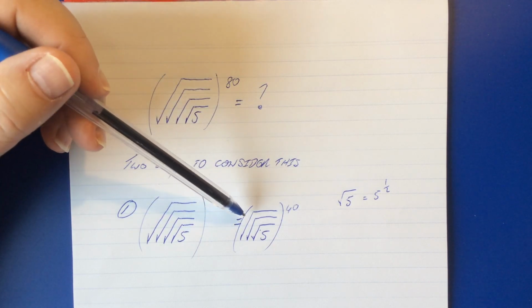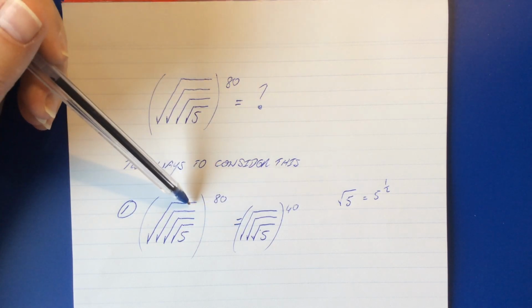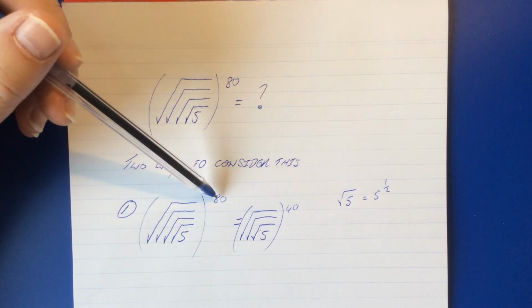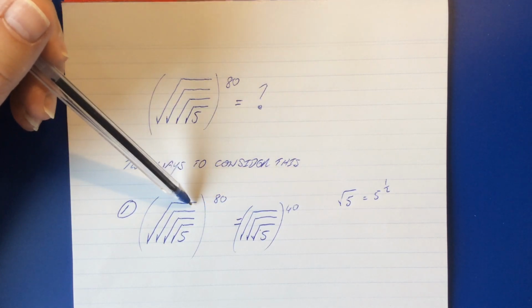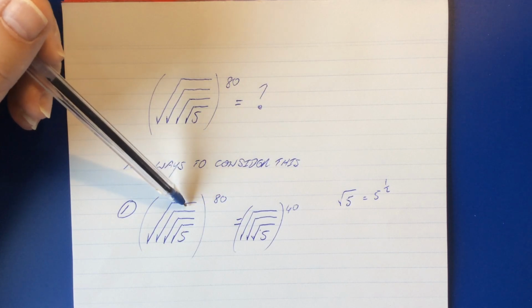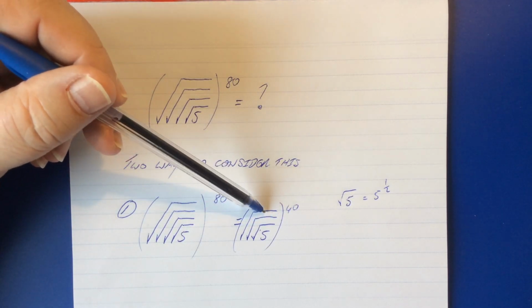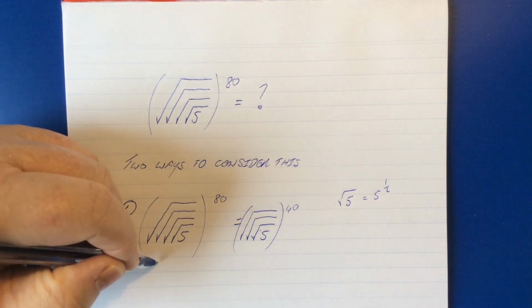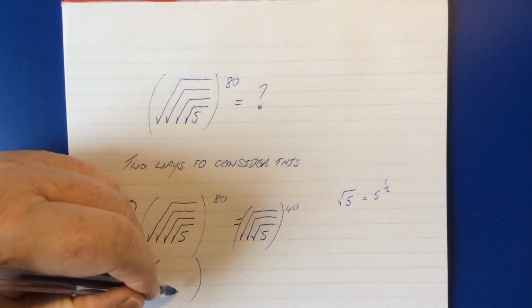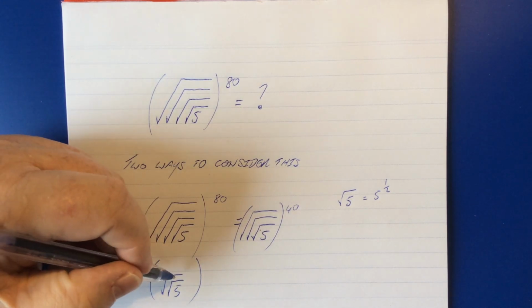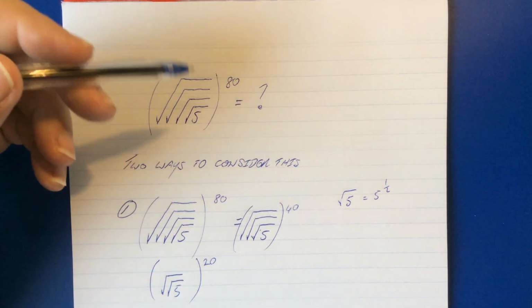And so what we can do is work our way slowly through this, going 80 times the power of a half, well, that will be 40, and then 40 times the power of a half, well, that will be what we have here. Just make sure I get the right number of square roots in here, and that will be 20.